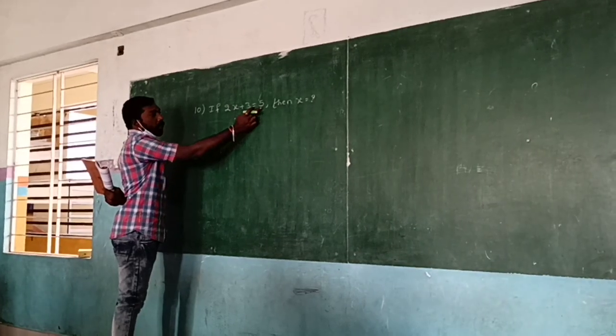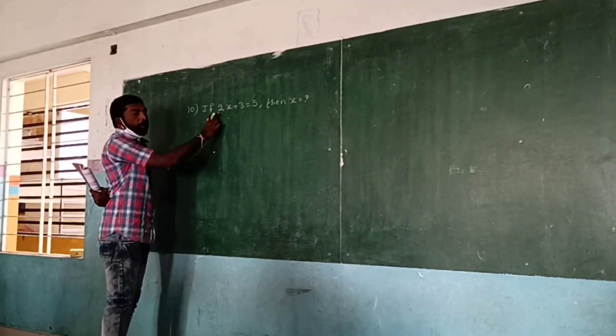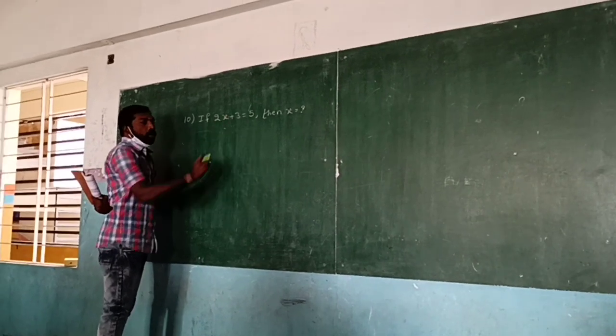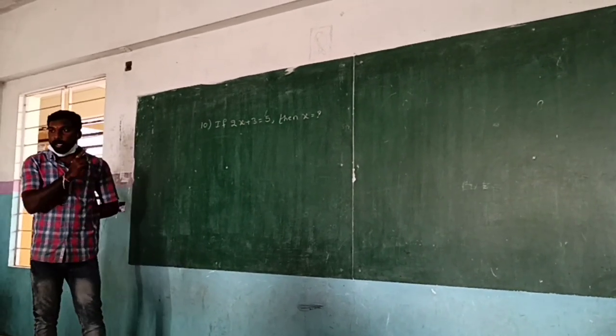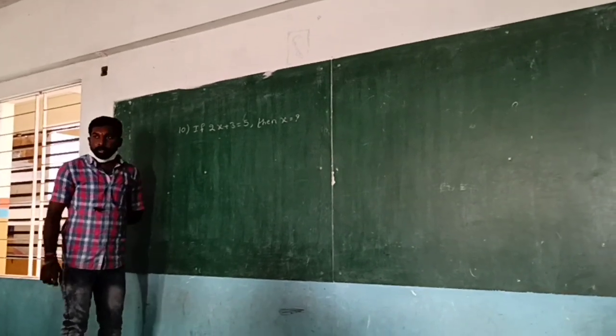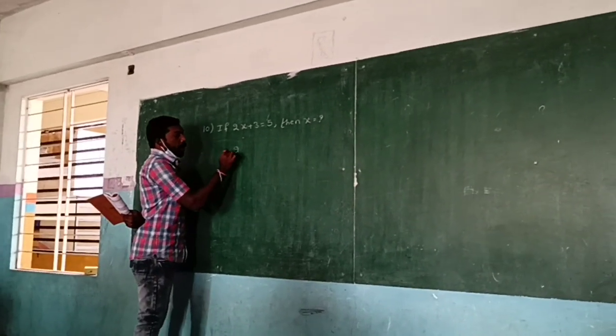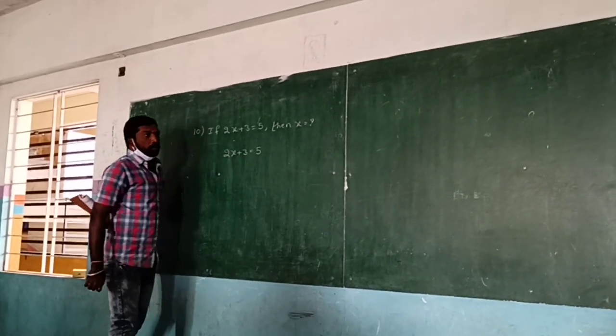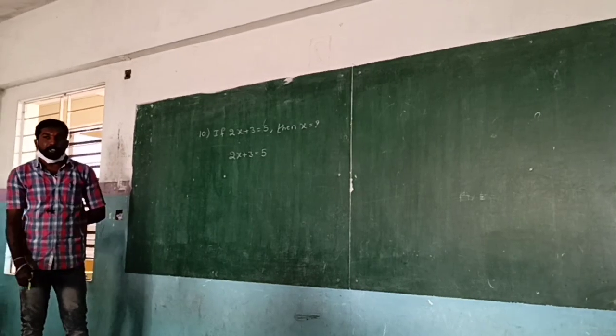This is a linear equation in one variable because there is only one variable in this equation and the degree is also 1. So 2x plus 3 is equal to 5.